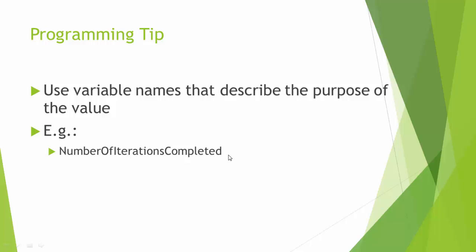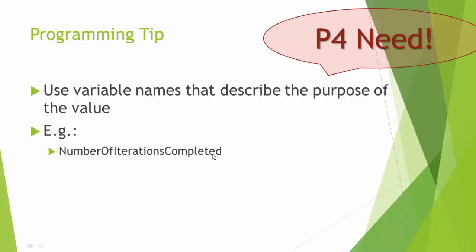This helps us with having fewer comments, and it helps us with remembering the names and purposes of our variables. So this is an example of a communicative variable name: number of iterations completed. It's very clear what we intend to use that bucket for. In fact, if you want to get the best possible marks, you need to use these approaches. Don't forget, copy and paste means you don't need to type these things in.